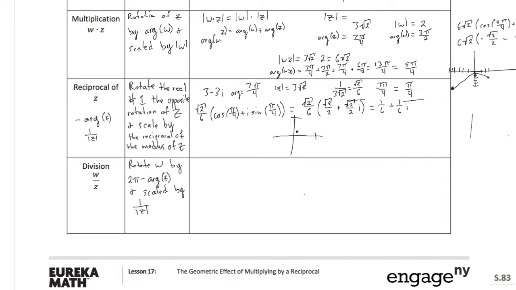So again, just like in the previous ones, we have the exact same thing. In fact, I'm just going to go ahead and bring it on down.